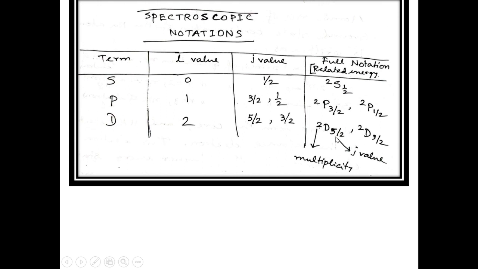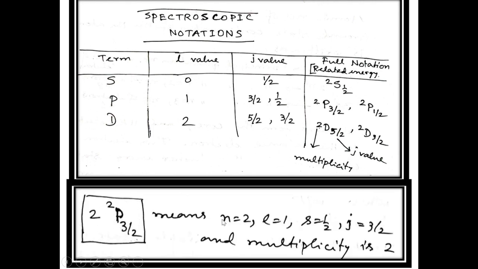So, in general, we shall write down one example, that is 2P 3 by 2. Here, this symbol 2, just follow the position of the cursor, it is actually left horizontal. That position designates the principal quantum number.